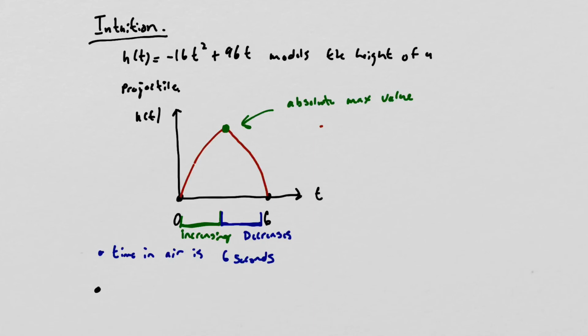Now, in part A, what we're going to be looking at is the average change in whatever time unit or whatever unit we're looking at. In the case of this projectile, if we wanted to find the average rate of change of this projectile, it would be described as the average change in height over a period of time.